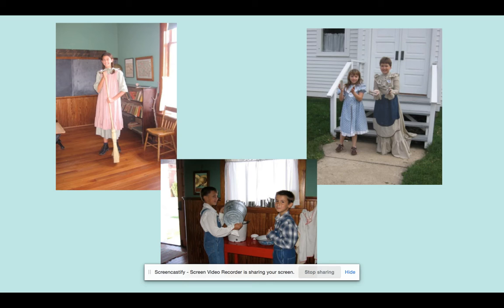Maybe your chores are cleaning up your bedroom, picking up your toys, setting the table for meals, helping clean up after meals. Are these the same responsibilities that you have at home? Or are they different?